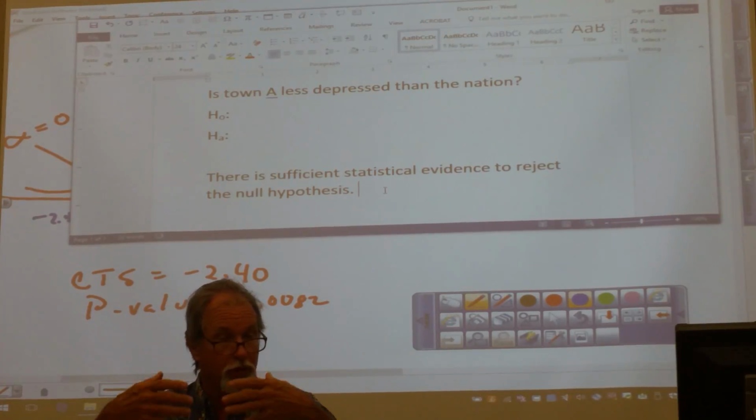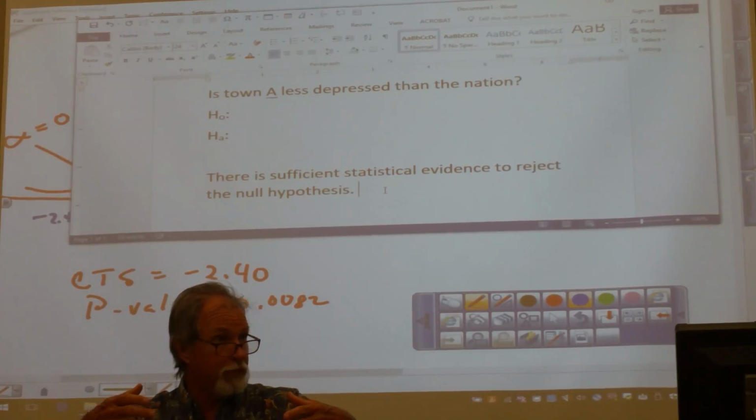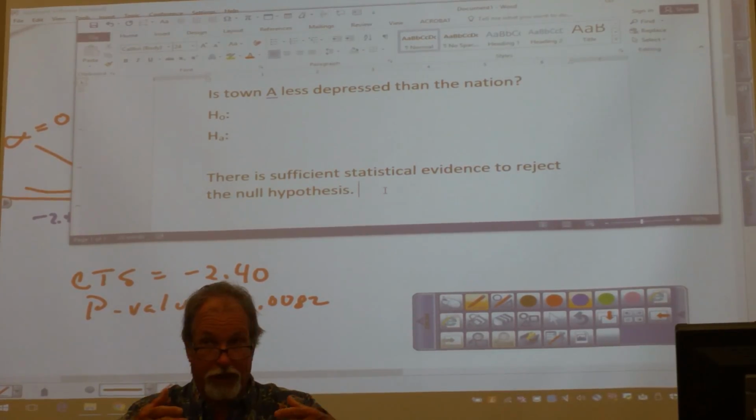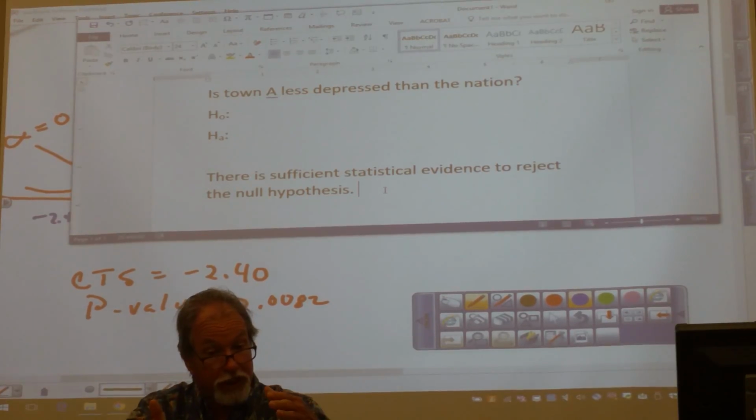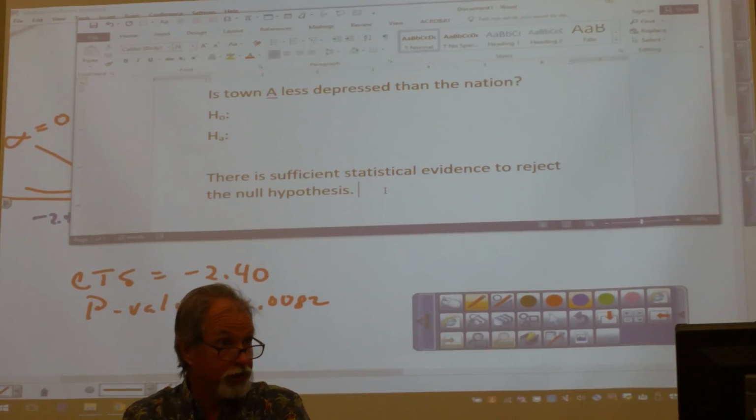Tobacco companies were conducting tests and collecting data, and depending on how they looked at the data, sometimes the test would come up and they would reject it.